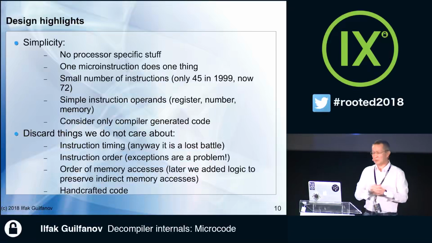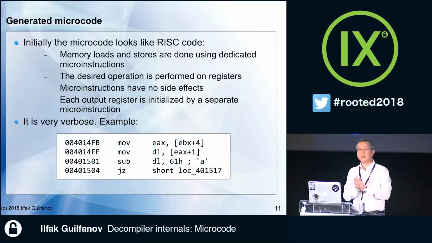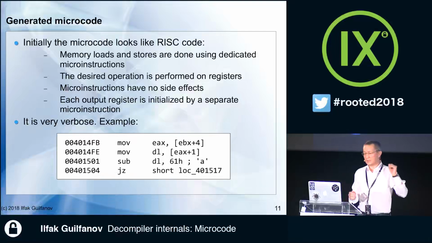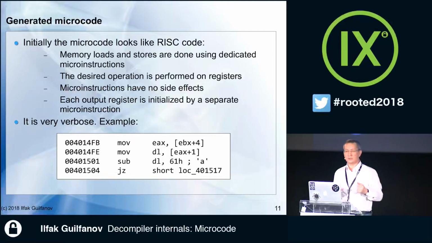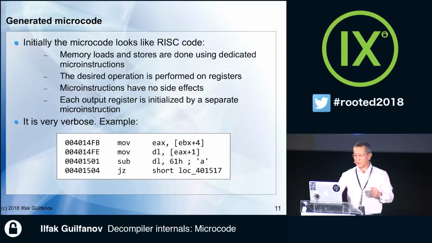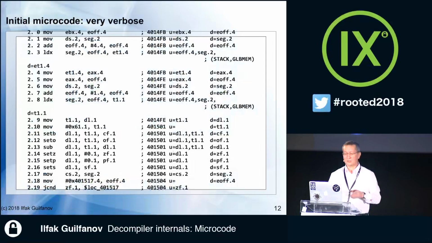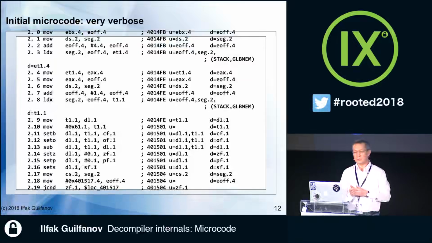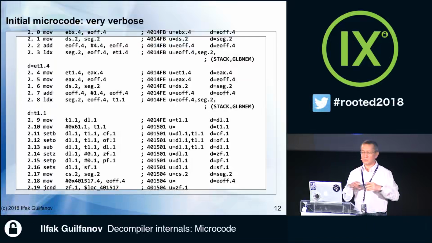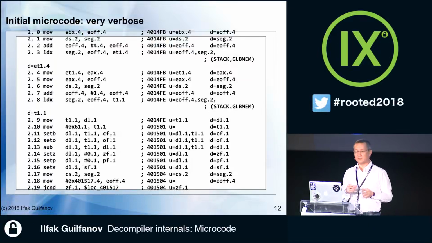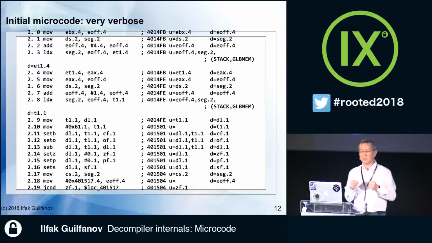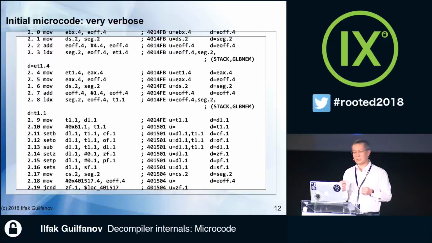Maybe I will just show you how the microcode looks. Let's take this example. We have two moves, a subtraction and a conditional jump. This code is translated into something like this. The first move is translated into this: we form the address, then we use the LDX micro instruction to load something from the memory, and we put it into the right register.